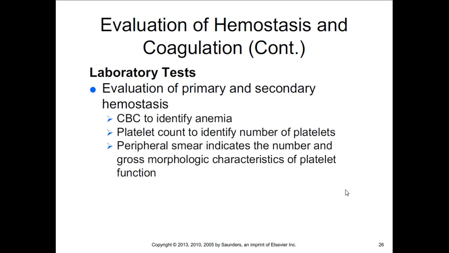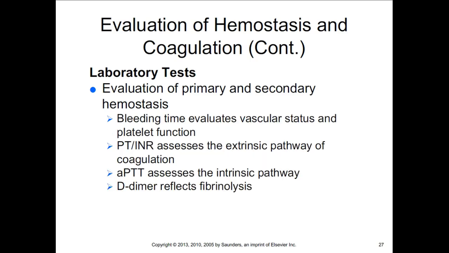And then you're going to see the PT and PTT times as well. Those laboratory values are important, right? Sometimes a smear might indicate the appearance of platelets and their function. The D-dimer can also be used for fibrinolysis, but the PTT and the PT-INR ratio are going to indicate both the PT, the extrinsic, and PTT, the intrinsic pathway, like I mentioned before.